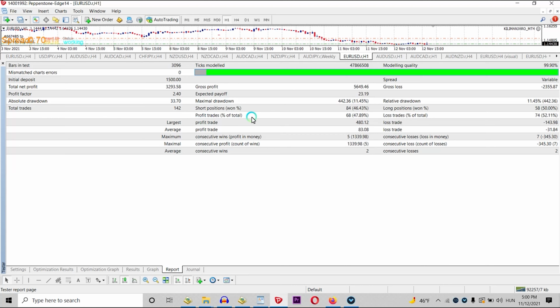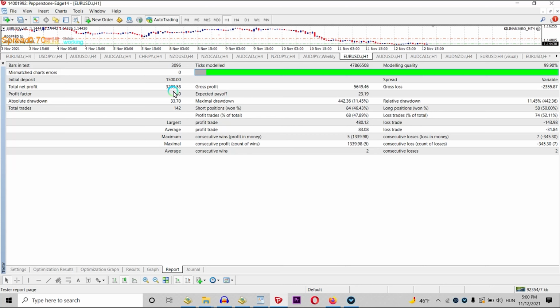The largest profit trade is insanely, just so much bigger than the average loss trade, and I am really happy about that. And we have a good profit. If you take a look at it, it is well over 200%. That is awesome.